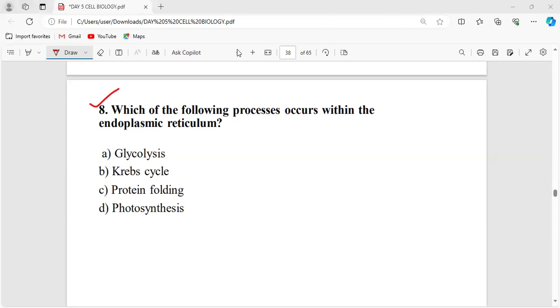What is the process that occurs within the endoplasmic reticulum? Shall we say this is a post-translational modification? Yes.